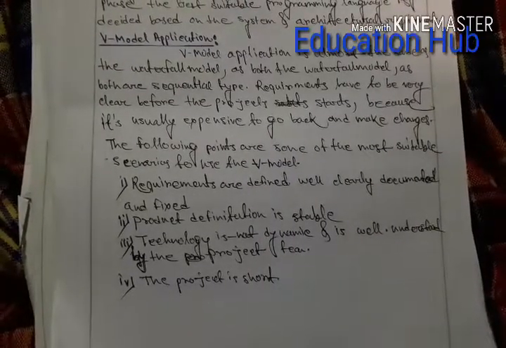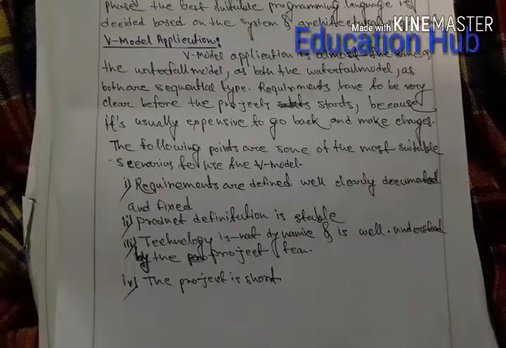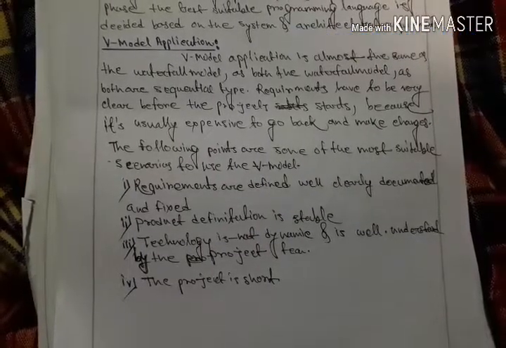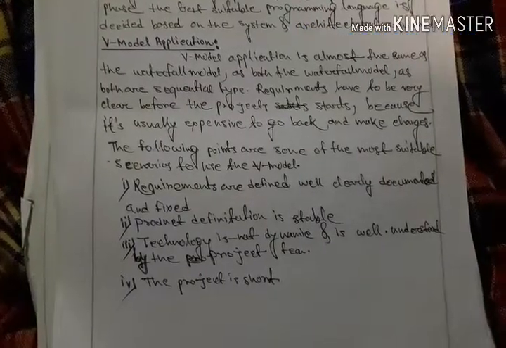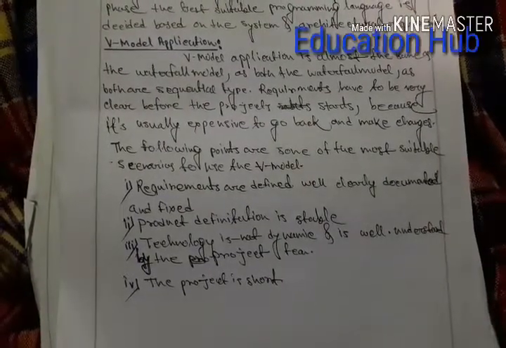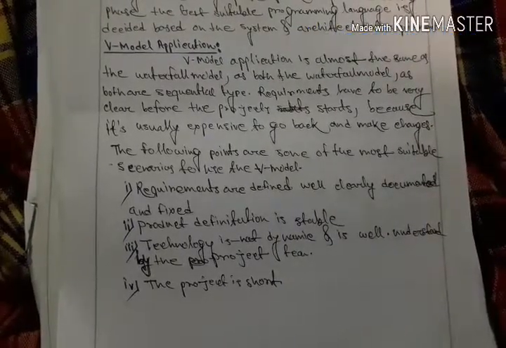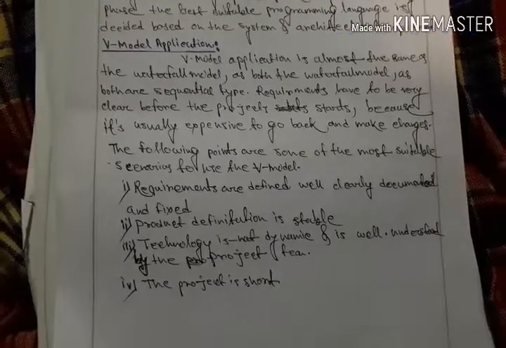Both the waterfall model as well as the V model are sequential. So the requirements have to be very clear, and clarified before starting the project. It is usually expensive to go back and make changes.